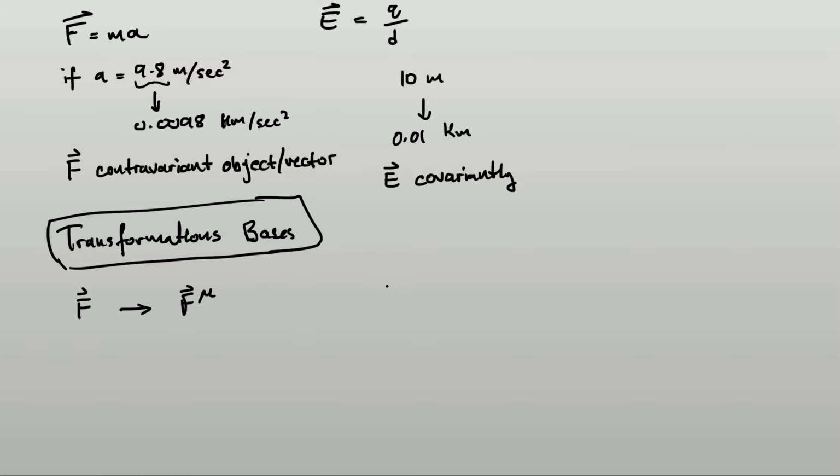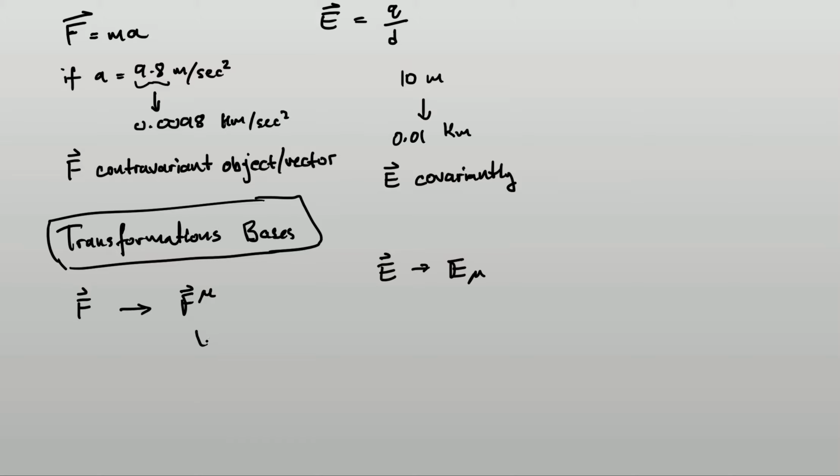Here, the E vector is denoted, or if it's covariant, below, that's sort of how I remember it. Its components are listed below here. And we can understand this by looking at this in terms of a regular vector.